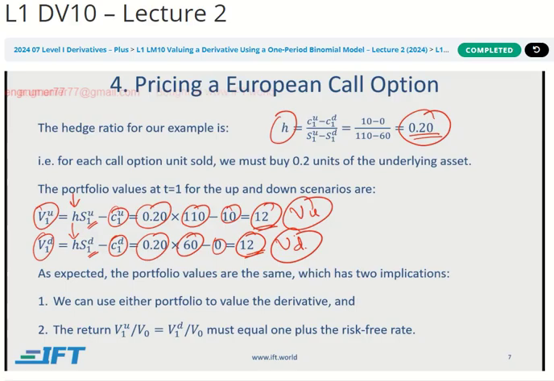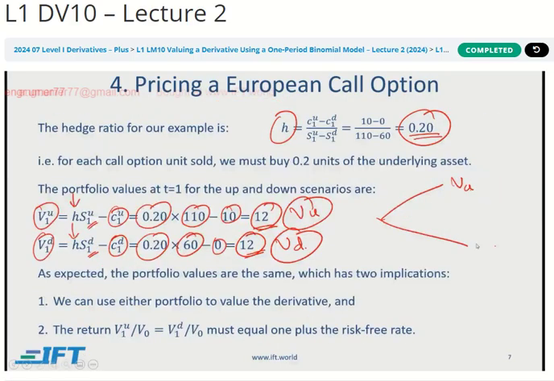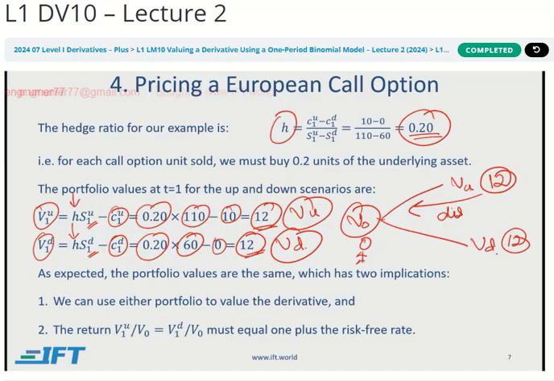And then what you can do is you can calculate the value today. So you know the value up, you know the value of your investment if it will be down, and we need to know what is the value today. So it's 12 for up, 12 for down, but value today is one period before, right? So you just need to discount it back to today.